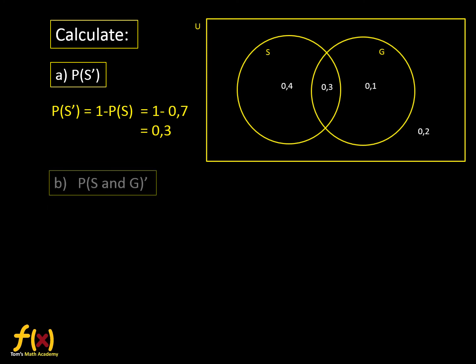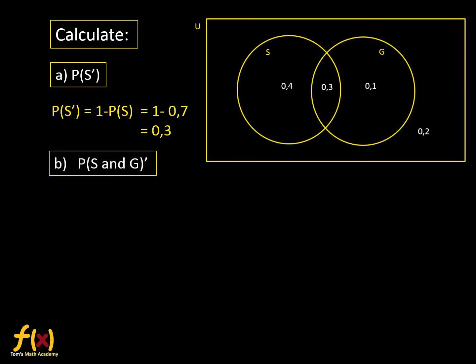Next question, probability of S and G, the common. But the question is S and G dash. So what we do? S and G dash is 1 minus 0,3. We get 0,7. So we are doing some questions on complement.